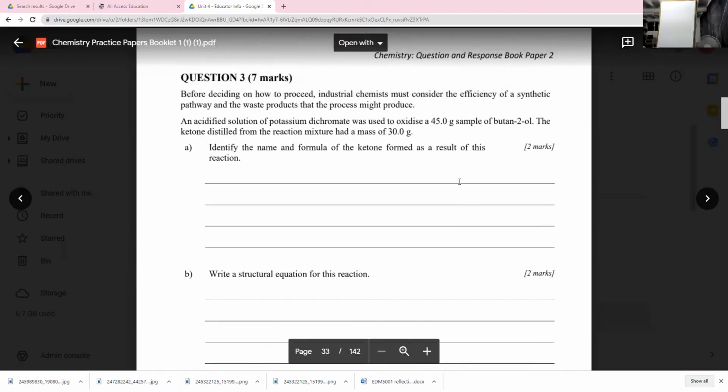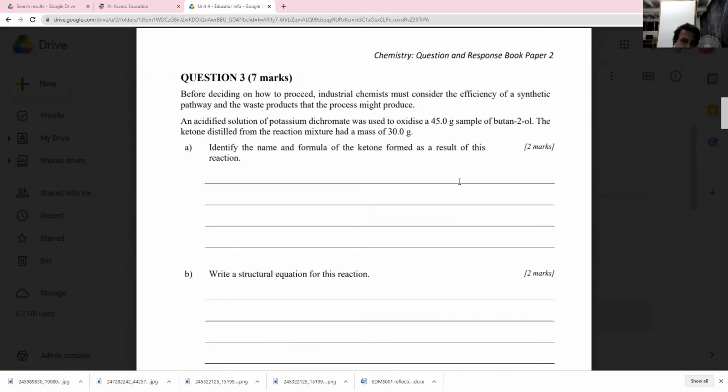So we've got a synthetic pathway. So this is now our reaction pathways where we're oxidizing alcohols. Now, same thing. I'm going to give you guys a couple of minutes to have a think. Get your thoughts together on the process and we'll go through the answer.